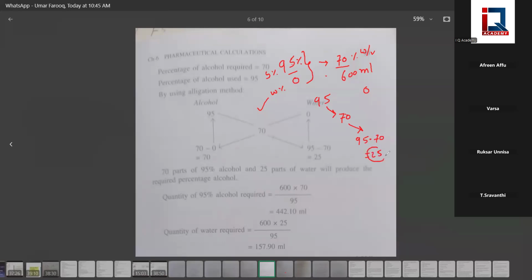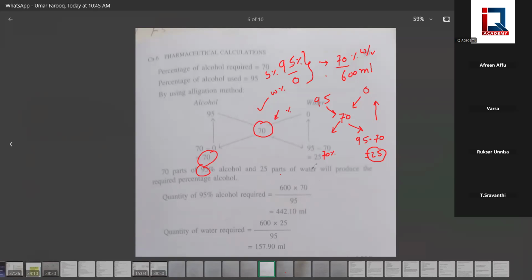So this is 25 parts of water you are taking. Next, weaker minus required. So 0 minus 70 is 70. So 70 parts of 95% alcohol to be taken. So 70 parts of 95% alcohol and 25 parts of water are mixed together to get 70% alcohol. The percent is okay.